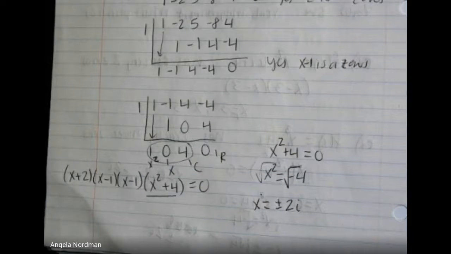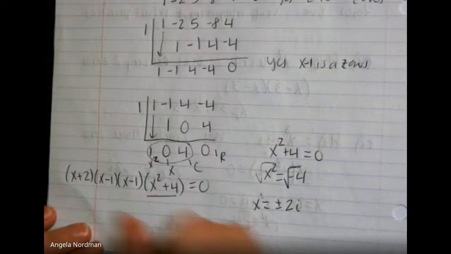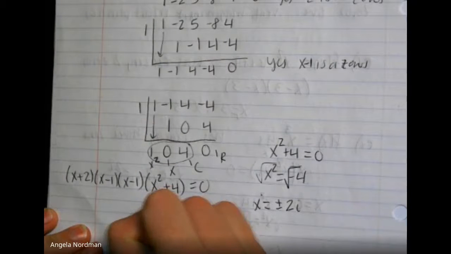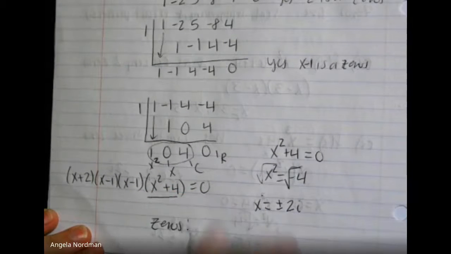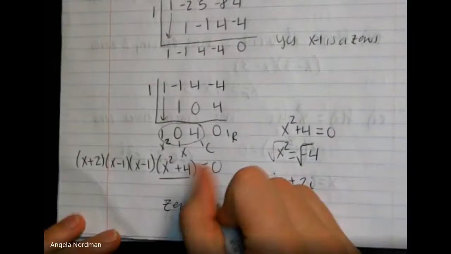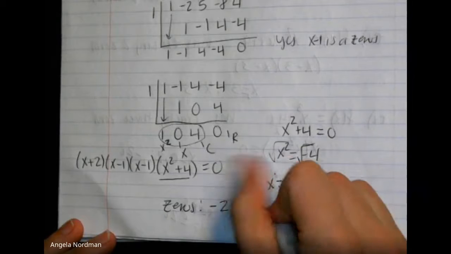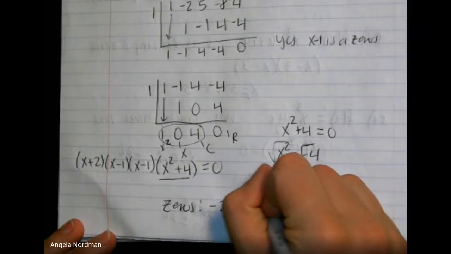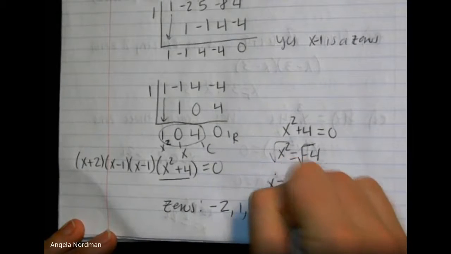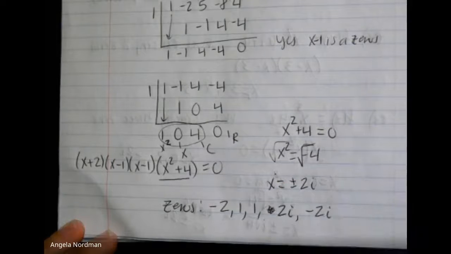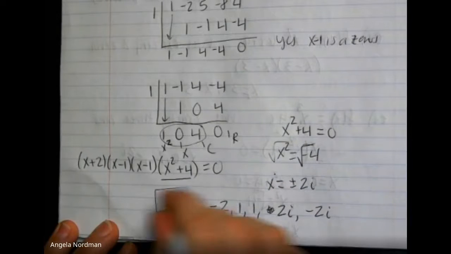So plus or minus 2i. So all my zeros can be listed out as negative 2, positive 1, positive 1, positive 2i, and negative 2i.